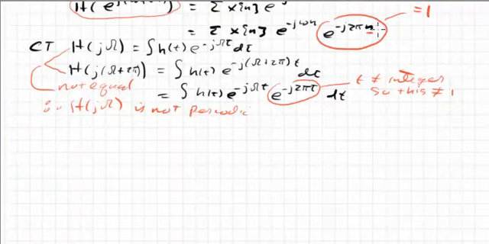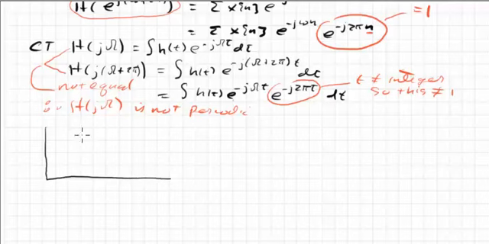So they're quite different animals, and all because we've discretized. We've run this through an analog to digital converter, and we sample, and now we're in a time variable that's an integer. It's something we have to deal with whenever we deal with sampled data systems. Let me give a quick example of what this means when we write the frequency response as a plot. For discrete time, we'll write the magnitude response as a function of ω.